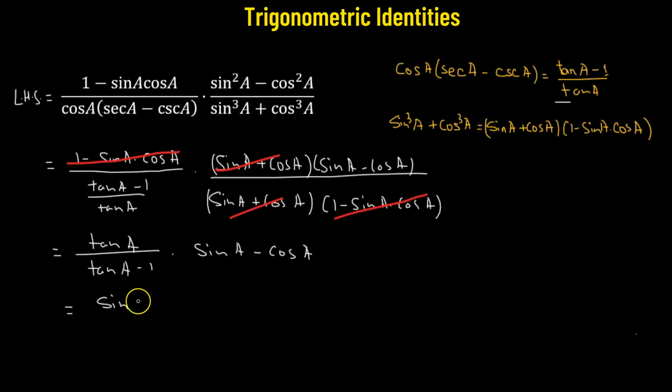So tangent of A, that's sine A over cosine A, divided by tangent of A minus 1, which is sine A over cosine of A minus 1, whole multiplied to sine A minus cosine A.